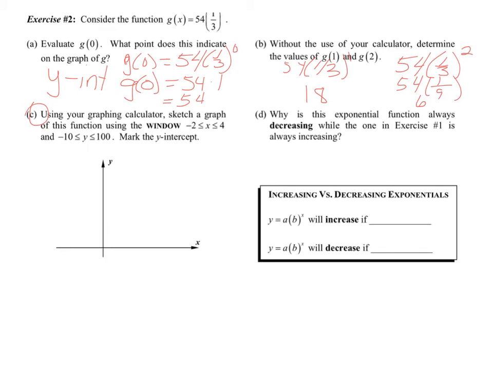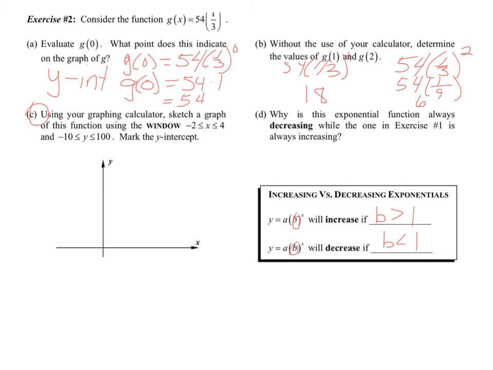Increasing versus decreasing exponentials. We're going to really focus in on my b for right now. If my b is greater than 1, so that means it's a whole number that's greater than 1, I will be increasing. If my b is less than 1, we will be decreasing.